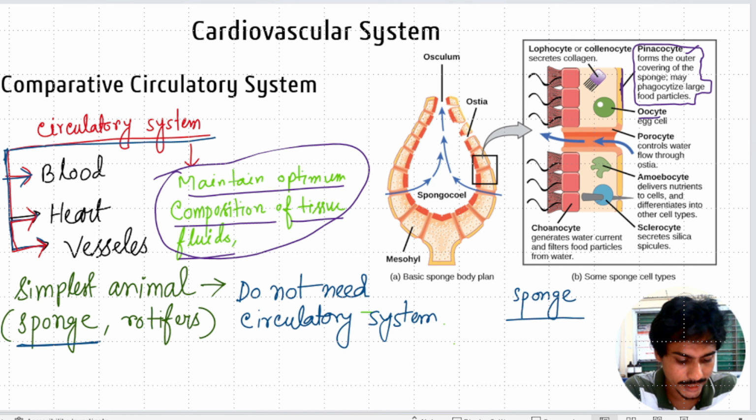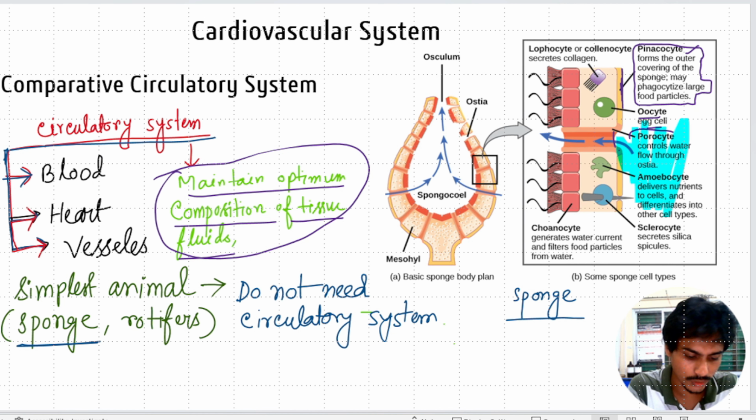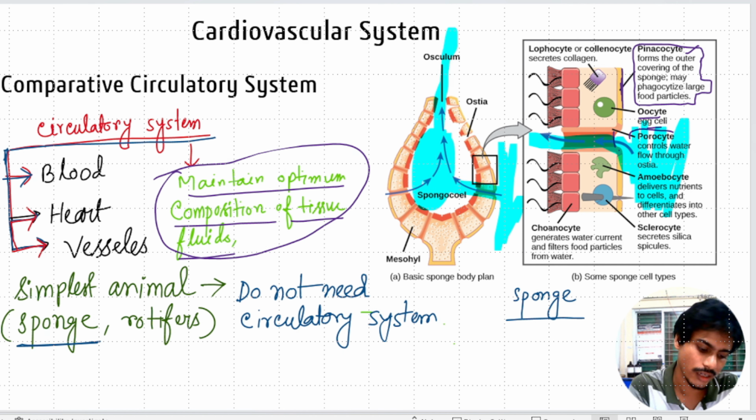So this is the oocyte or egg cell, and there are porocyte cells that control the water flow. The water is there, so it needs to enter, and that is the route for the water to enter from outside.